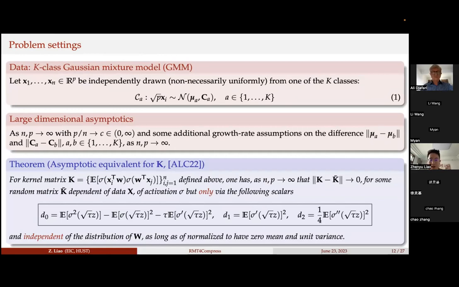Our result here holds only about this kernel matrix K. Basically, it only tells you that if you go to the limit of infinite neurons, the neural network is going to give you a kernel matrix, and this kernel matrix will look like another kernel matrix. So it only tells you the behavior of an extremely wide neural network.